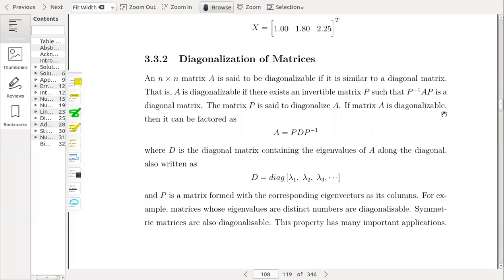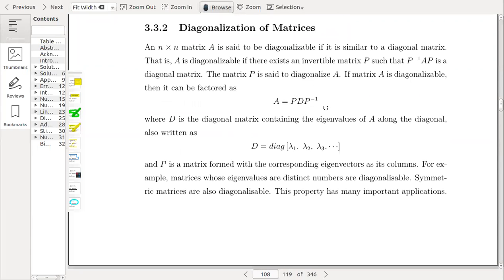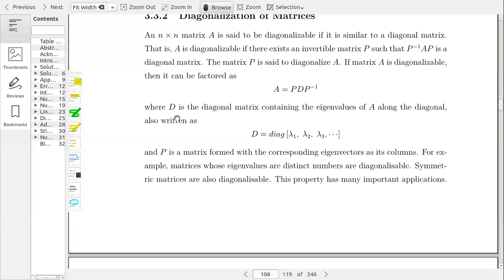If matrix A is diagonalizable, then it can be factored as A equals P D P inverse, where D is the diagonal matrix containing the eigenvalues of A along the diagonal, also written as D equals diag(lambda 1, lambda 2, lambda 3, and so on).